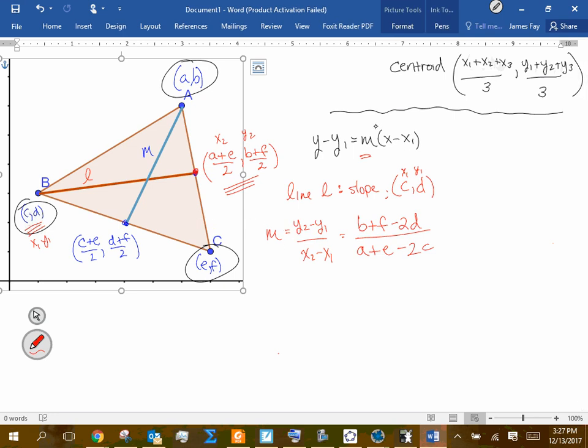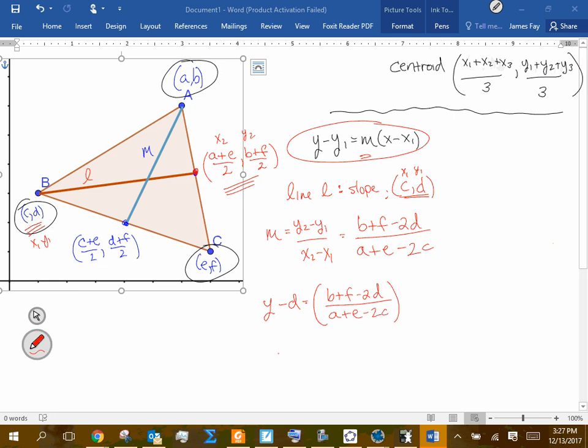Now, what would we do with that m value? Well, we're going to plug that into this with that x1 and y1. So I end up with y minus y1, y1's d, is equal to m times x minus x1, where m is b plus f minus 2d all over a plus e minus 2c. Well, x1 is this c.